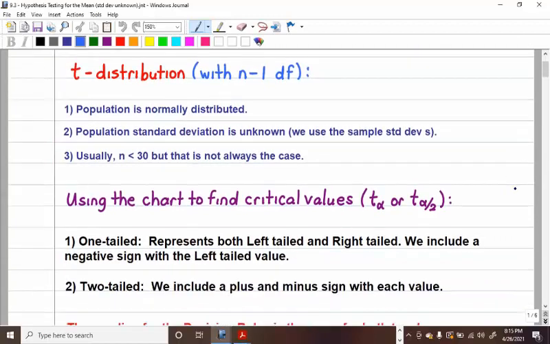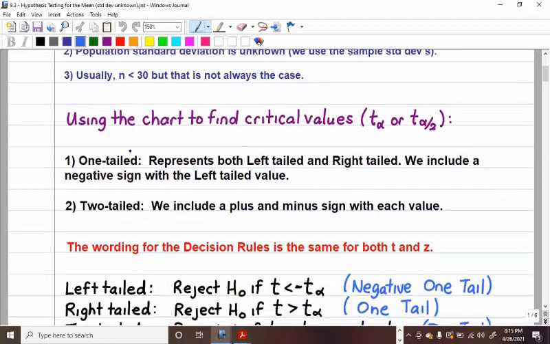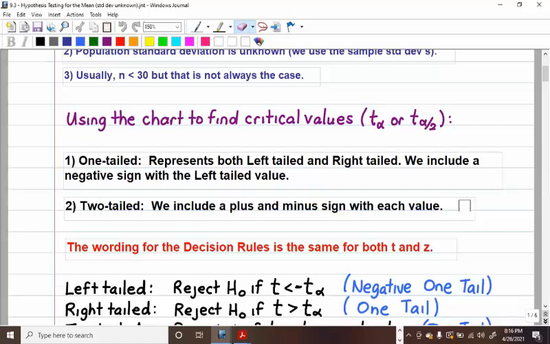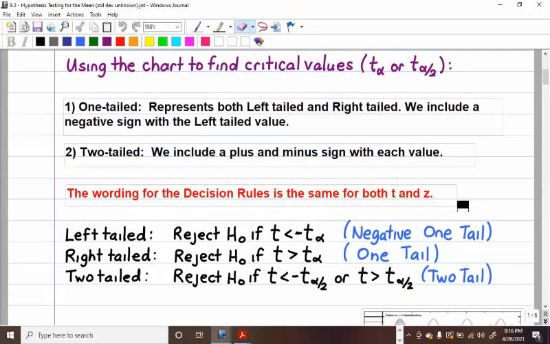Okay. Now, one-tailed, same idea as before. One-tailed represents both left and right, and we include a negative sign with the left-tailed value, exactly like we did before. So is this, two-tailed, plus and minus sign with each value. Now, the wording for the rejection decisions is exactly the same.